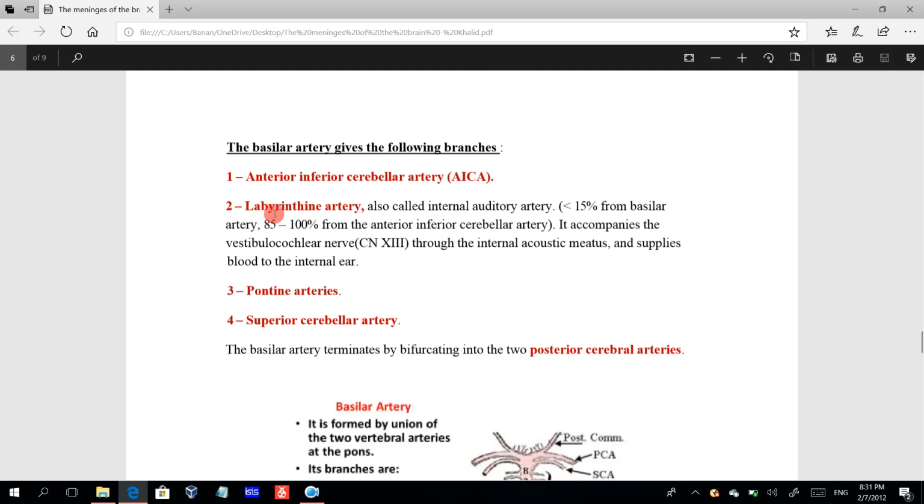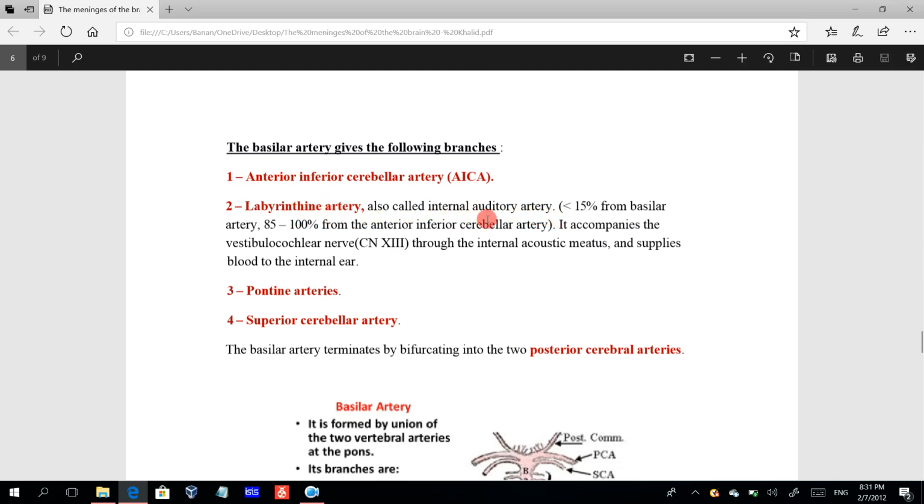This structure within the inner ear is supplied by the labyrinthine artery, a branch from the basilar artery, also called the internal auditory artery, because it supplies the internal ear, the inner ear.